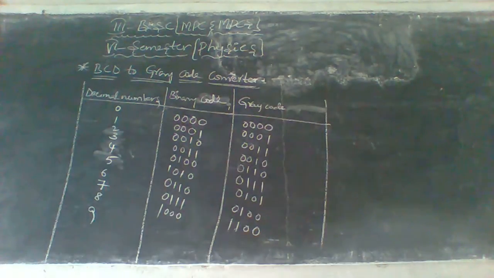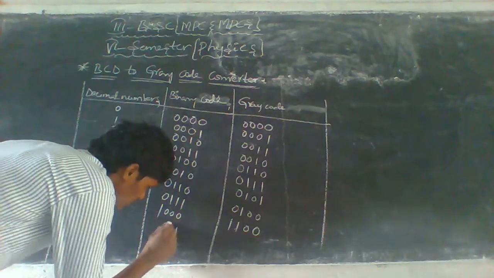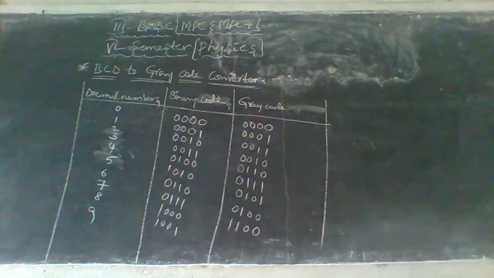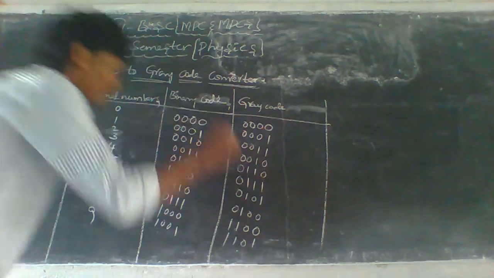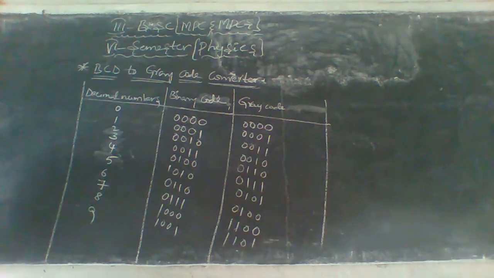For decimal number 9, the binary code is 1001 and the Gray code is 1011.